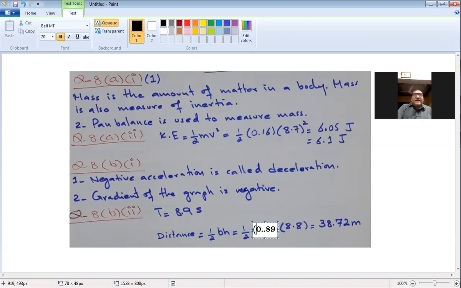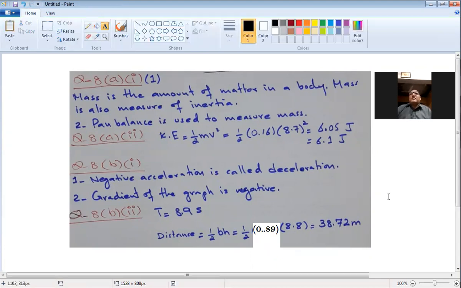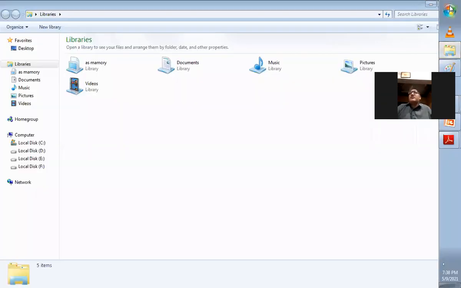Let me put a bracket here. By mistake, I wrote the wrong number. So 1/2 into 0.89 into 8.8, and let me check my calculation because there has been some issue.